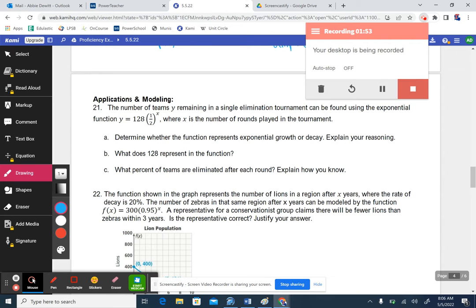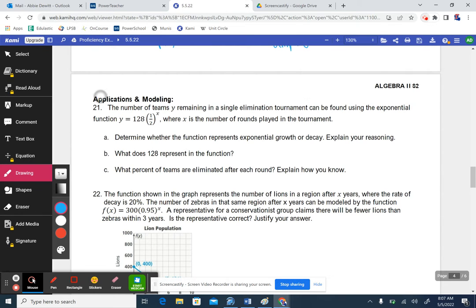Okay, so for number 21, I'm only going to tell you what you need to know and not all the insides of it. On number 21, determine whether the function represents exponential growth or decay. If you're asked whether it's growth or decay, look inside the parentheses.